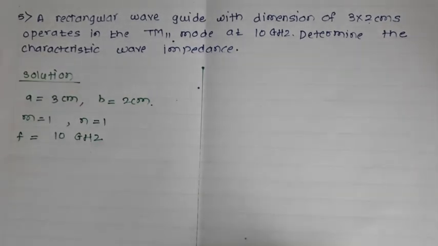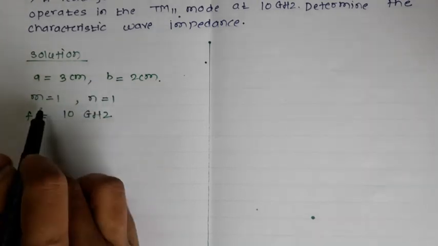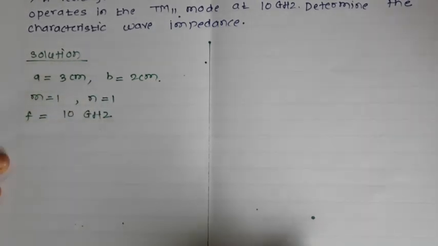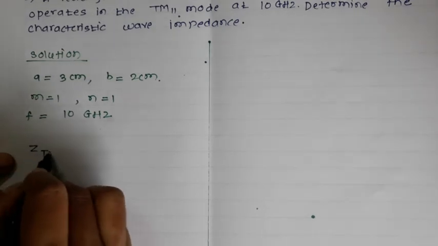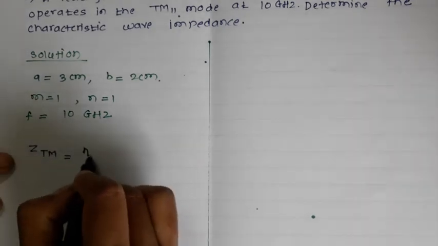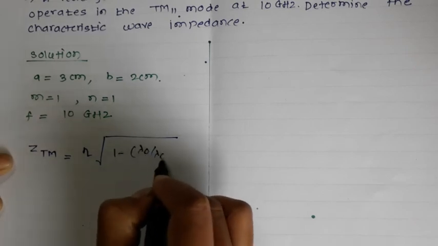So we have written what is given first, and then we'll solve the problem. So A is given, B is given, M is given, N is given, and frequency is also given. So let us solve it for the TM wave. Now we know that ZTM, we have seen the formula, is eta times root of 1 minus lambda 0 by lambda c whole square.